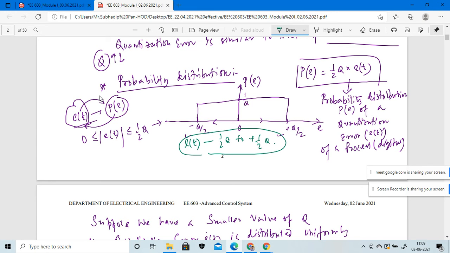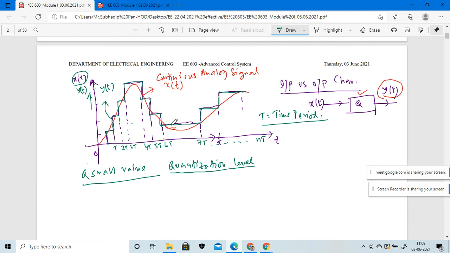For that assumption, we consider the first order differential equation. So whatever my input is, it will be quantized depending upon the value of q and the level of the quantizer. That is the main thing.